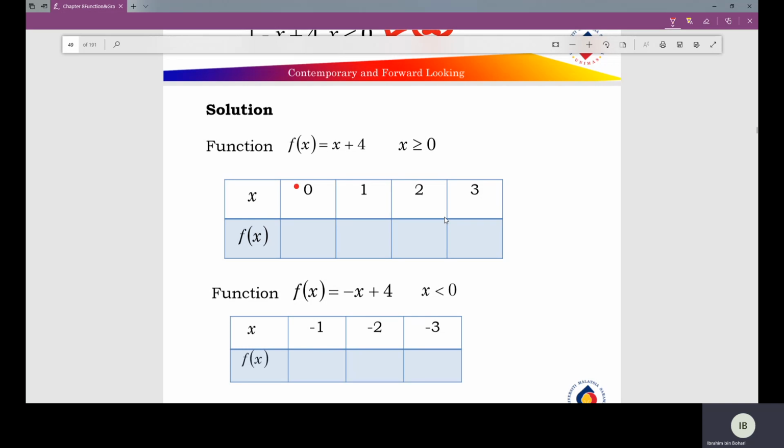You substitute these values into the function, and then the values of f(x) equal 4, then 5, then 6, and the last equals 7. And then the second function f(x) equals negative x plus 4, and the domain here is x less than 0. So you substitute into the function. So you find f(-1).